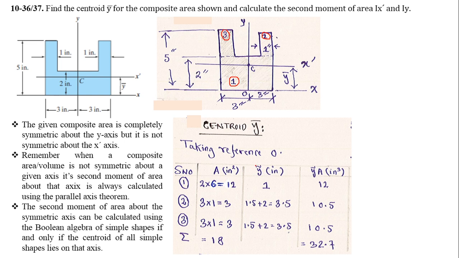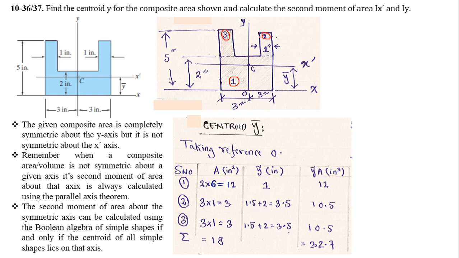And then the y coordinate of the centroid of these individual shapes measured from point O. So in case of 1, it is only 1 inch because this dimension is 2 inches, so 1 inch will be the y coordinate of the centroid for shape 1.